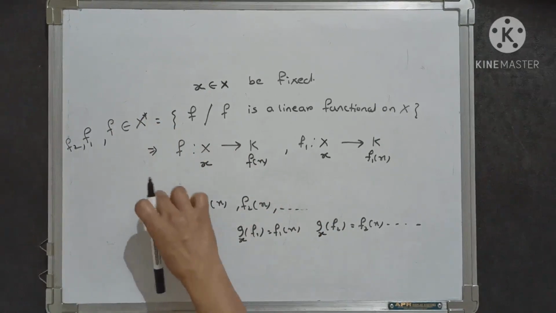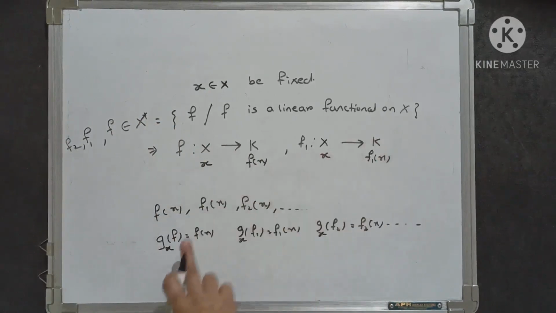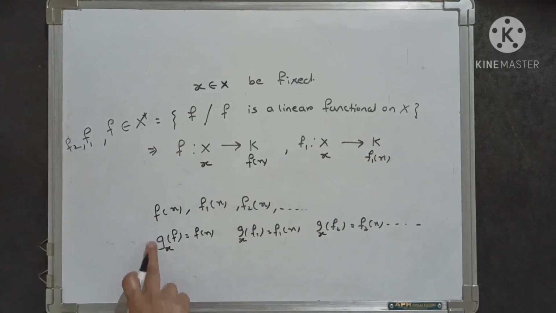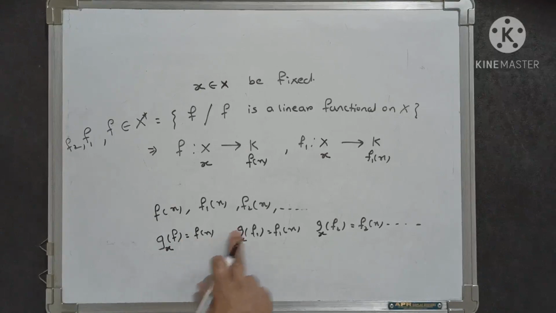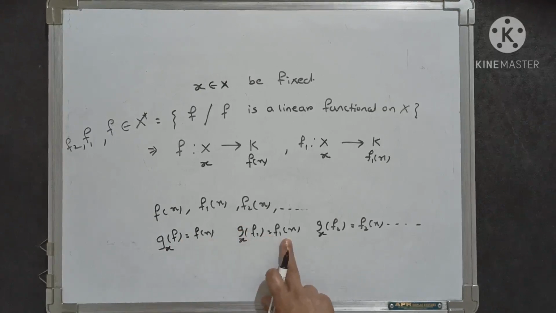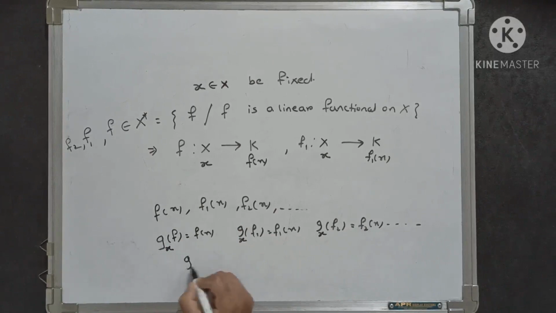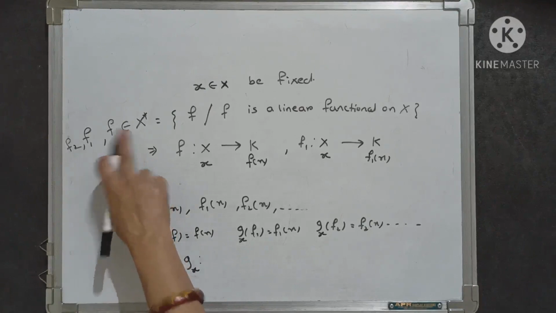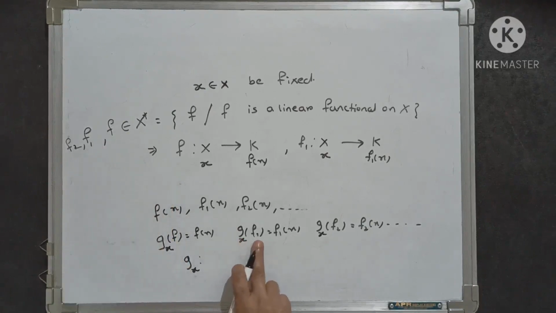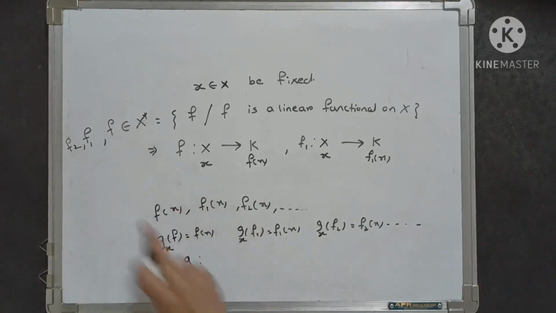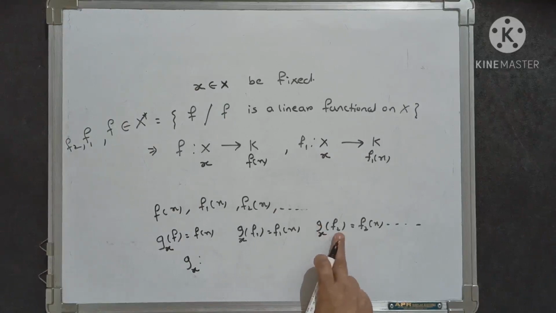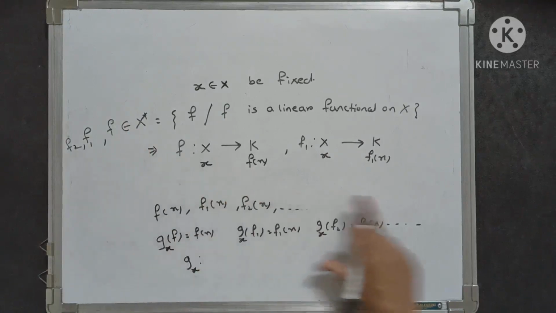Then using these images we define the function: gx of f equals f of x, gx of f1 equals f1 of x and so on. Here gx is applying on f, f1, f2, each an element of x star.